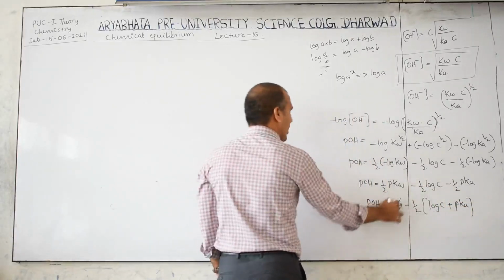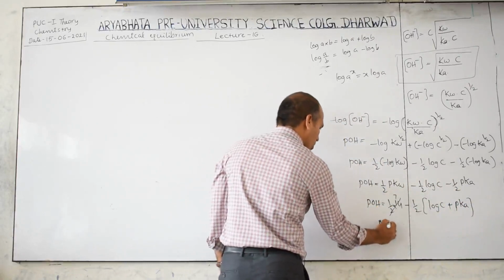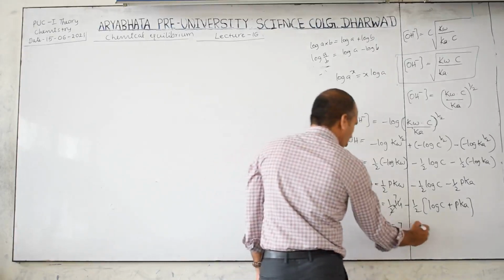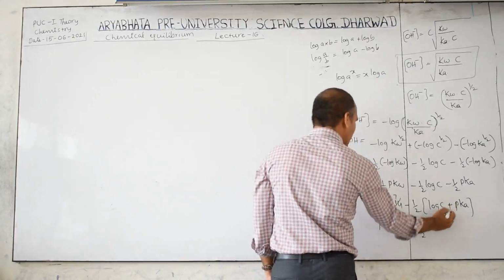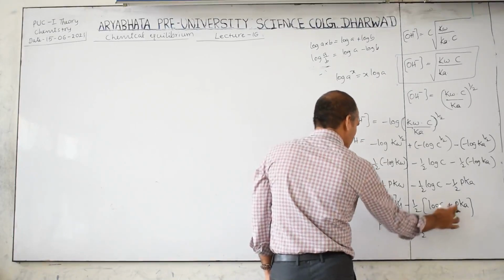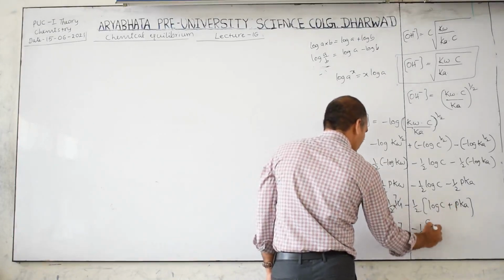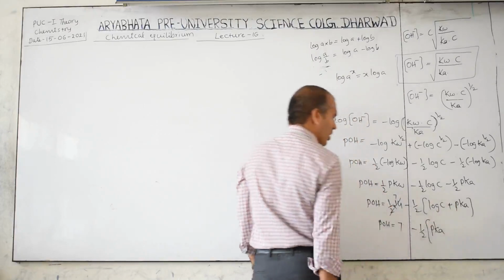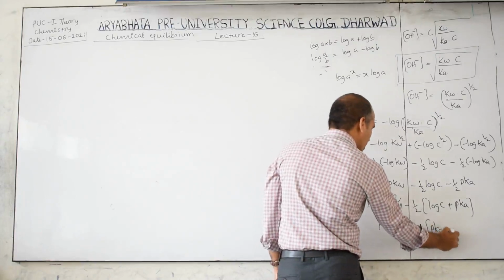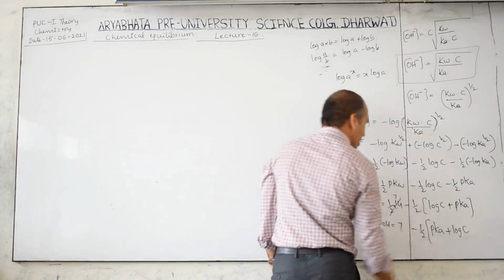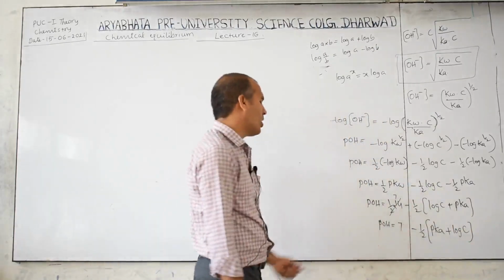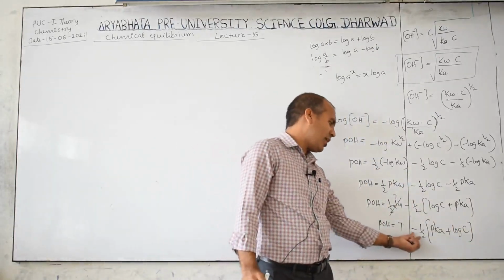Now this is cancelled, this 7. pOH is equal to 7 minus 1 by 2, we can write this is also minus, this is also minus, therefore write plus pKa. According to this formula, this is minus pKa, and this will be plus log C. So now we know that pOH is equal to 7 minus this.